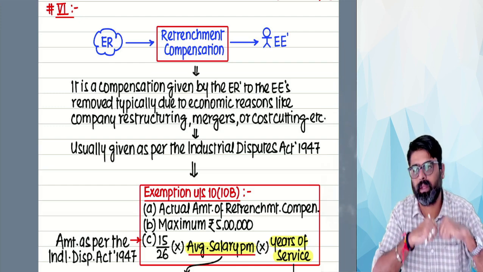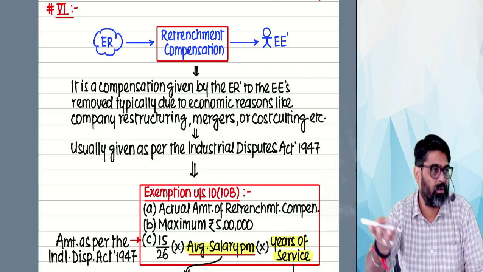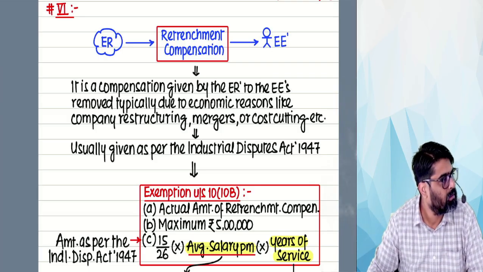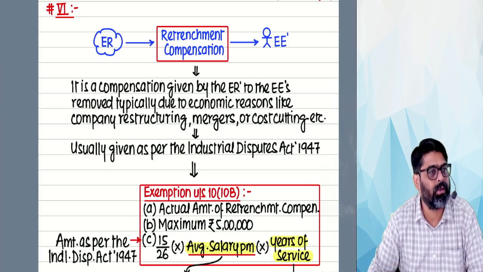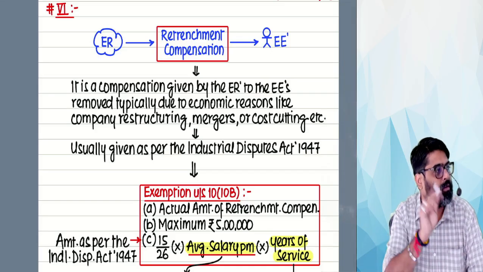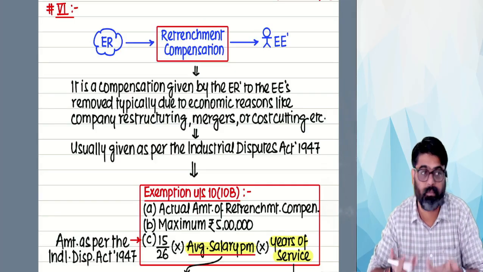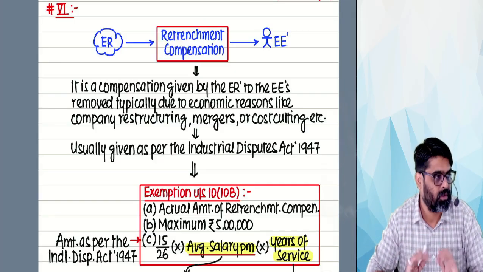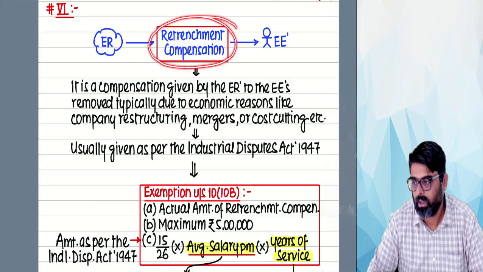We'll just take over the business. Yes or no? So the employees will lose the job. In that event also retrenchment is taking place. Tata bye bye. One employee or all of you, tata bye bye. All of you. Many employees, if they are removed, that situation is known as retrenchment.